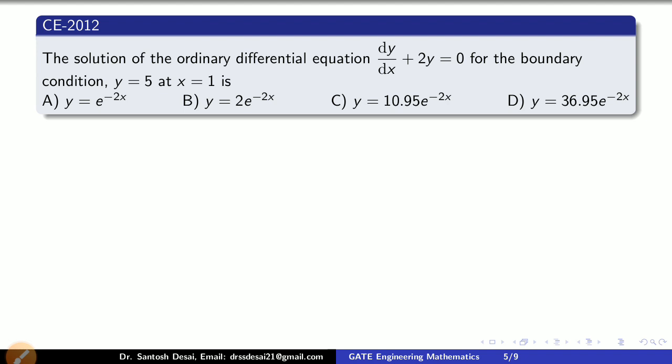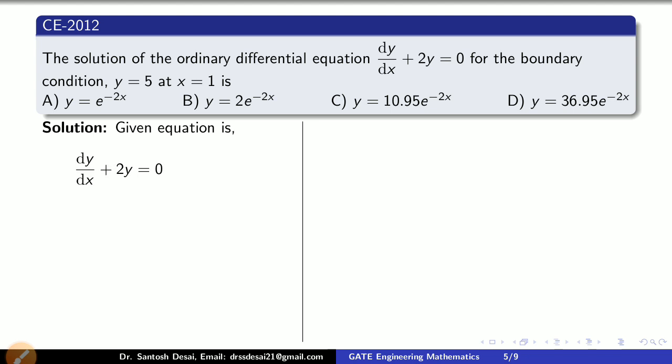So let us first solve the equation. Take the given equation as dy by dx plus 2y is equal to 0. Now first we write the equation in the form of M dx plus N dy is equal to 0. So this gives dy is equal to minus 2y dx.